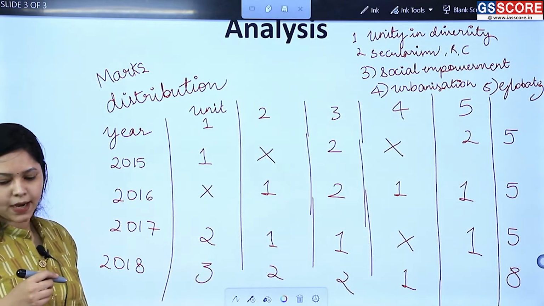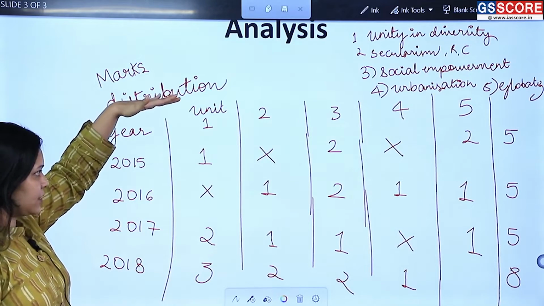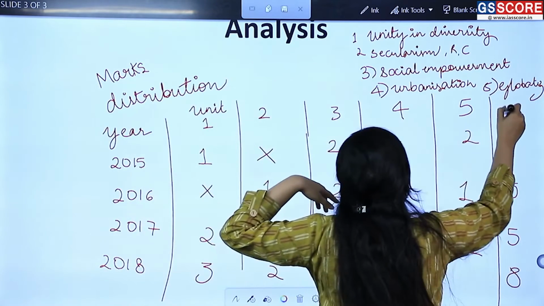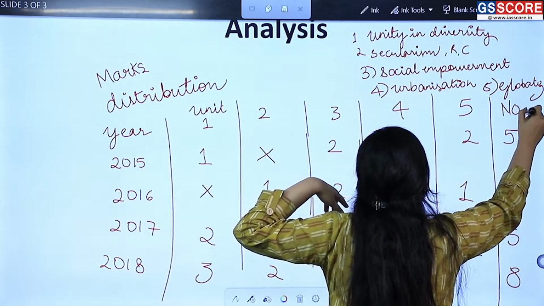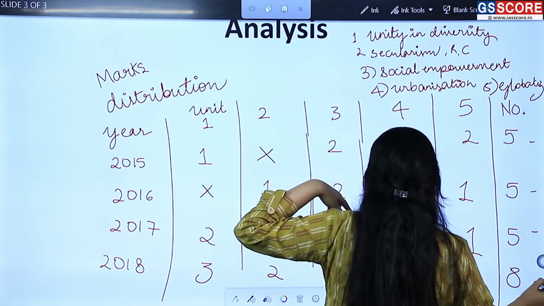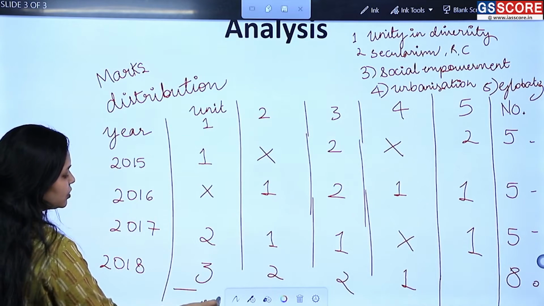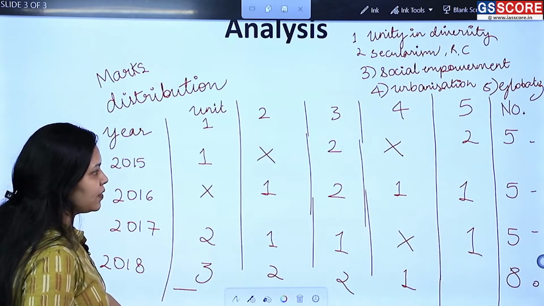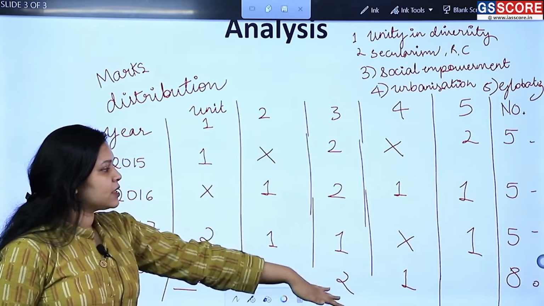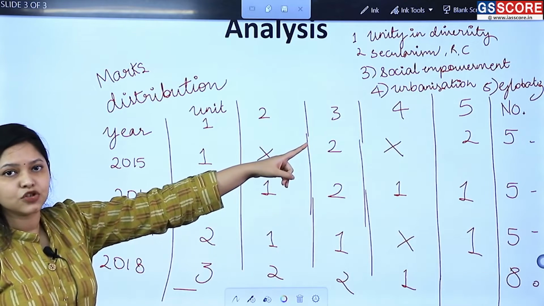Okay, so we see by and large the number of questions which were initially asked were stable at 5, but in 2018 we see a total of 8 questions being asked with heavy reliance on Unit 1 and equitable distribution in Unit 2 and Unit 3. So in the early years there wasn't much emphasis on urbanization and globalization.